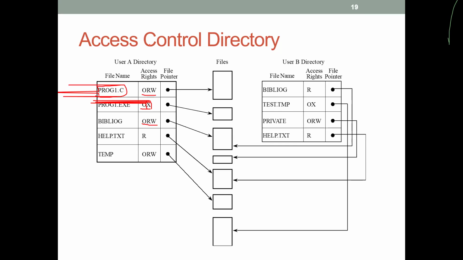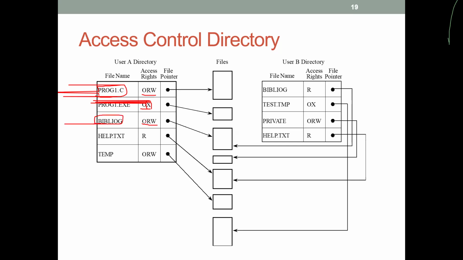So if someone tries to enter or access your system, they will check which file that particular person tried to access. You have different systems or different modules, and they will check which module that particular user tries to access. Now, let's say they are planning to access the biblog.